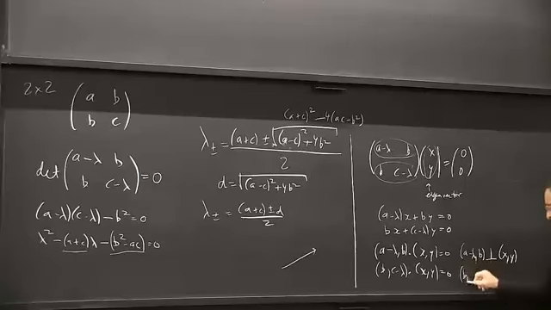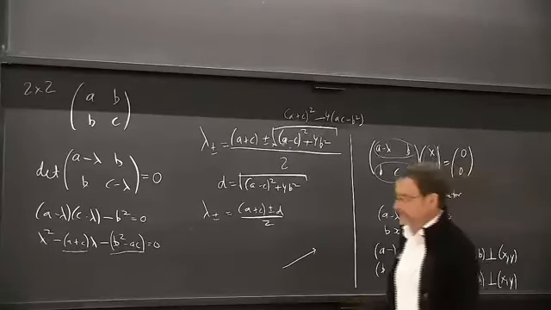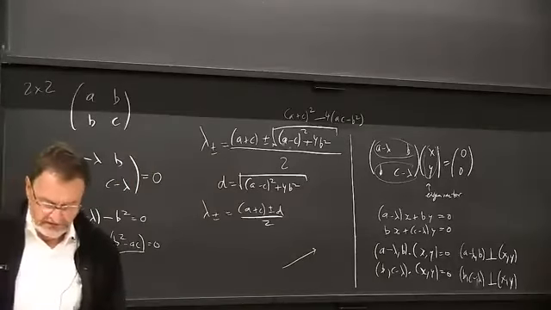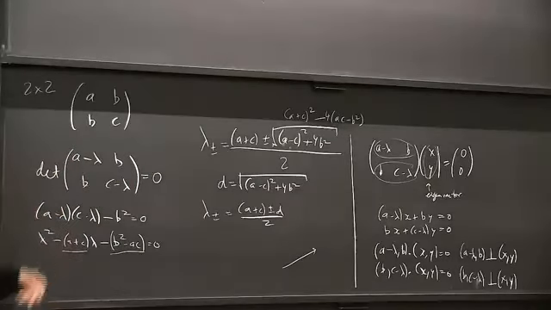And by the way, (B, C minus lambda) is also perpendicular to (x, y). So in solving these homogeneous equations, I can note that basically I'm saying that the solution is perpendicular to the rows.